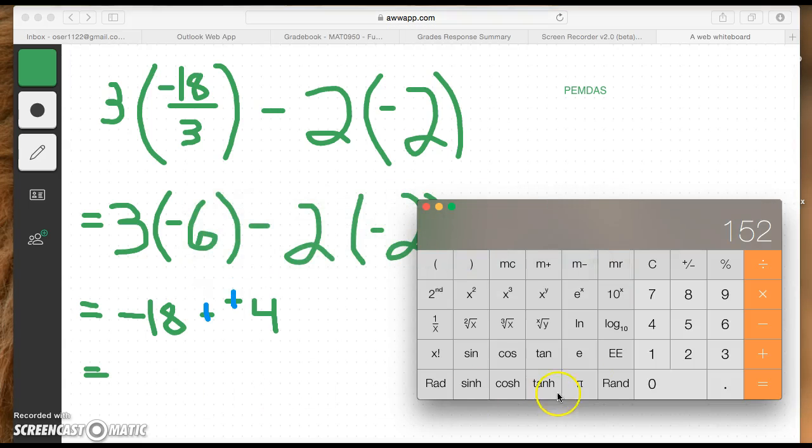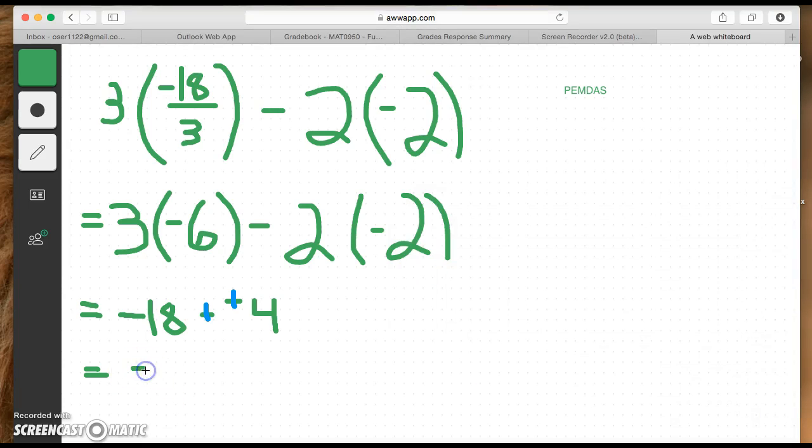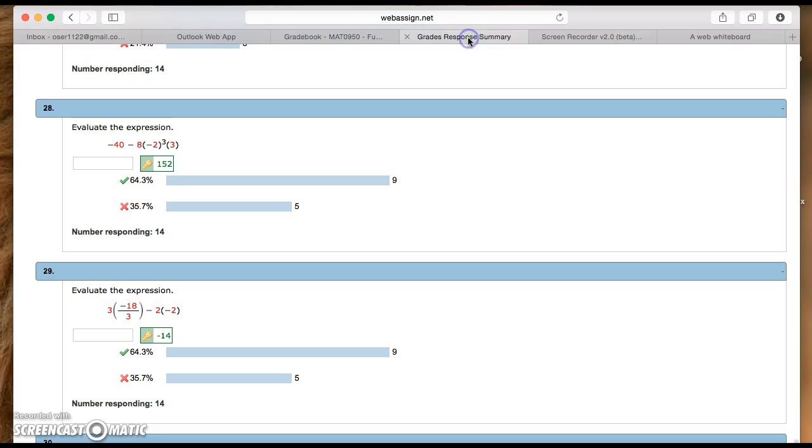Negative 18 plus a positive 4. That leaves us with negative 14 then for our answer. Alright, and we'll double check to make sure that's the answer we should have gotten and no mistakes were made. And we see here negative 14 is what we were looking for.